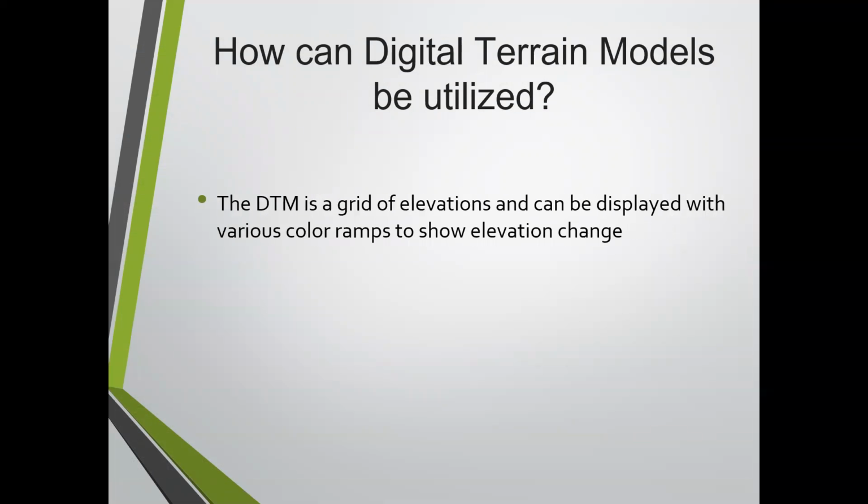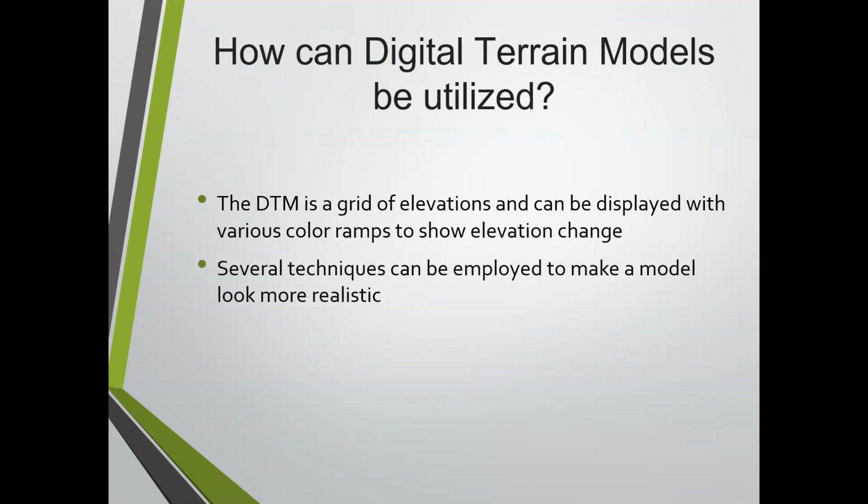So DTM, remember, can be either a grid of elevations, but it can also be triangles. But it can be displayed with color ramping to show elevation change. We usually call that elevation ranging. And you can also use the things we talked about to make them look more realistic.